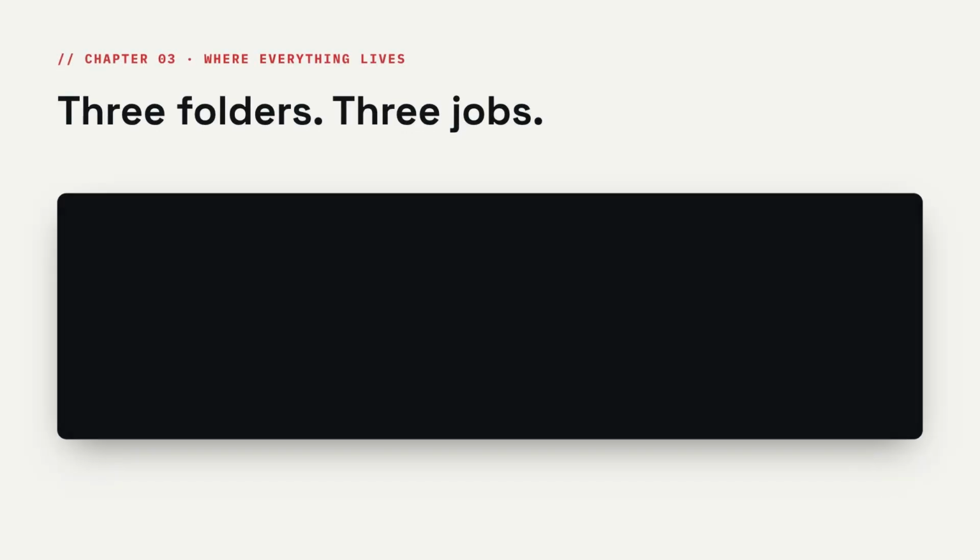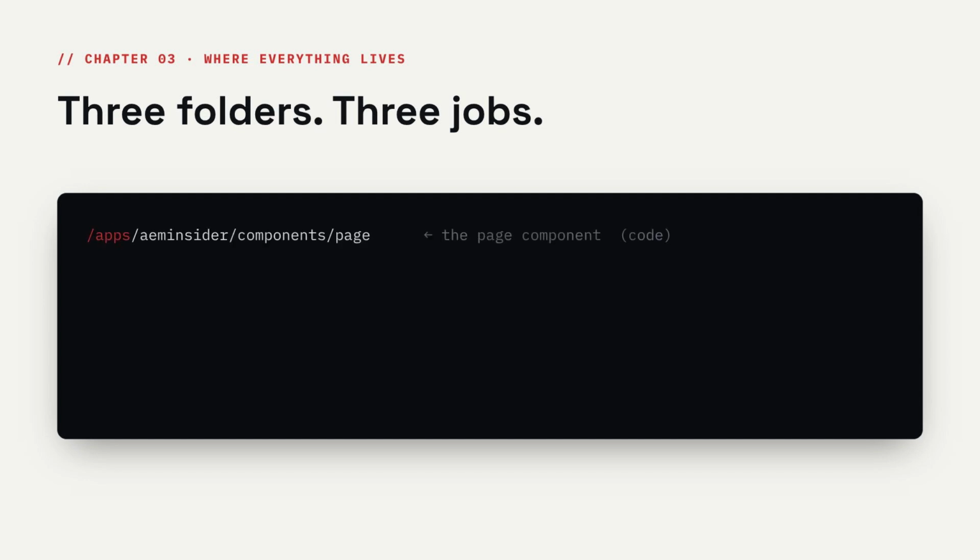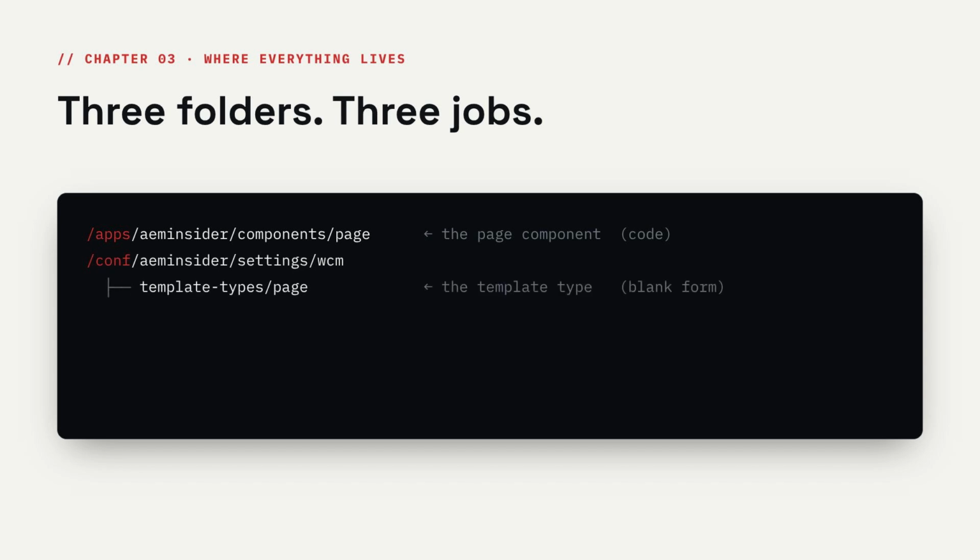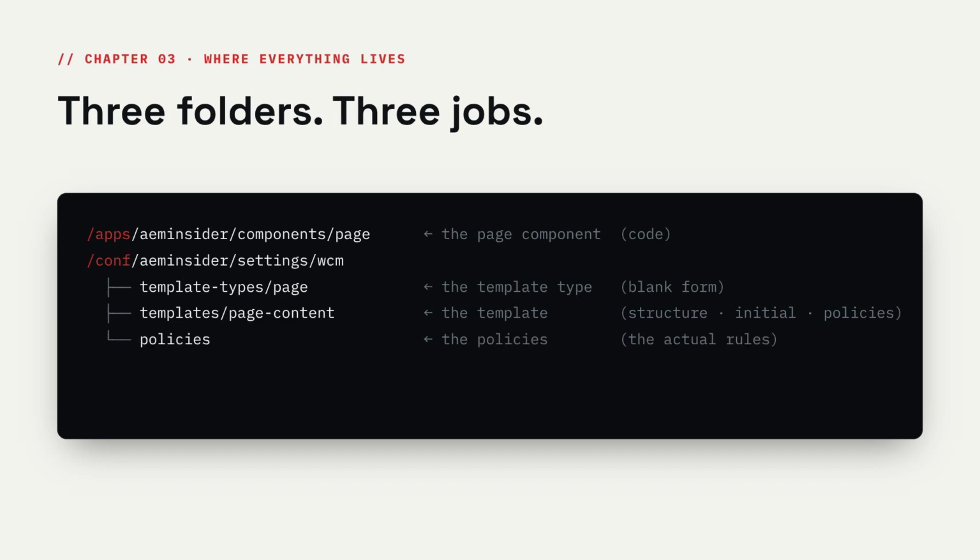And here's the map. 3 folders in the repository, 3 jobs. /apps, code, components, dialogs, HTML, everything we built in episodes 4 and 5 lives here and so does the page component. /conf, configuration. This is the template's home. Template types, templates and policies, all under settings, WCM.